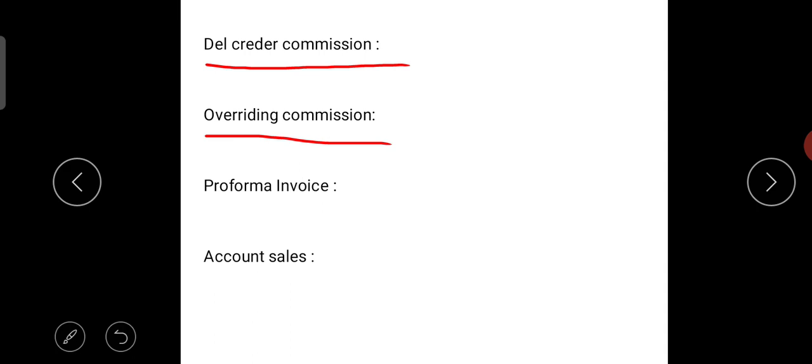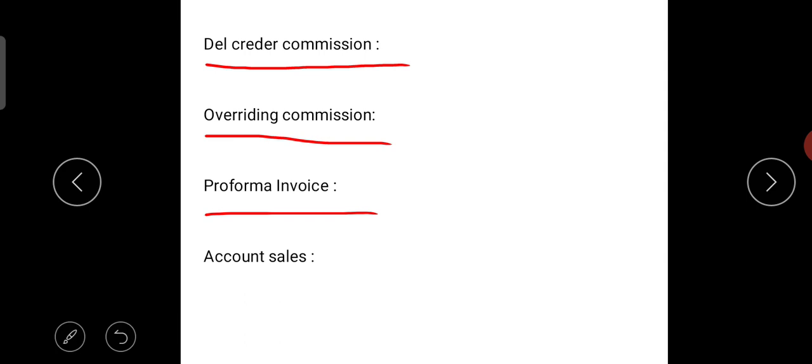We have to know the meaning of pro forma invoice. Pro forma invoice is a statement which is sent by the consignor to the consignee along with the goods, and this statement contains the particulars as to description of goods, the quantity and the price of goods and other necessary information.